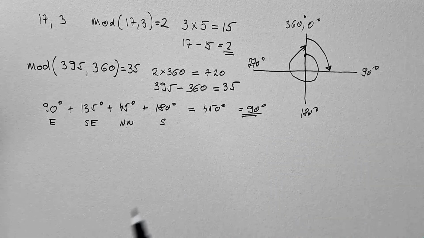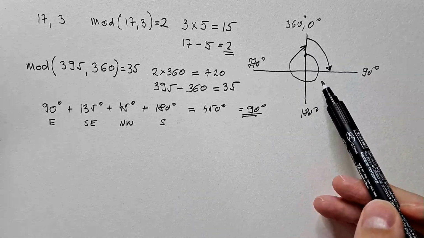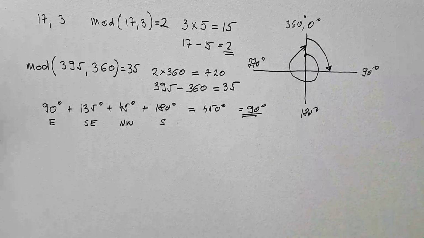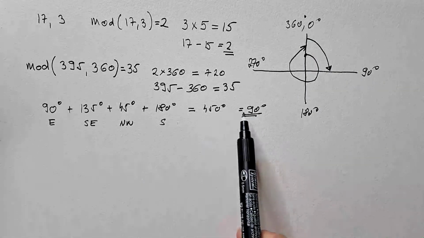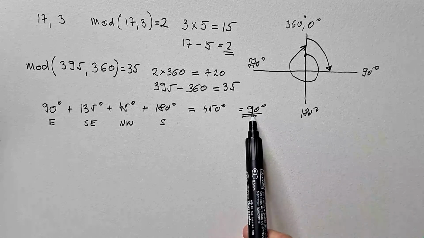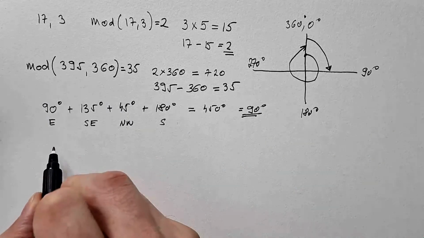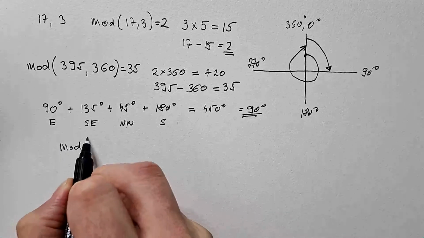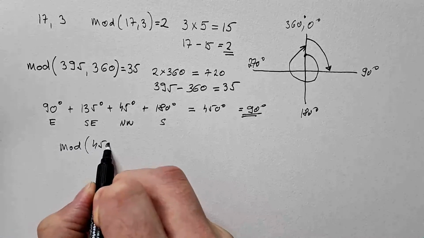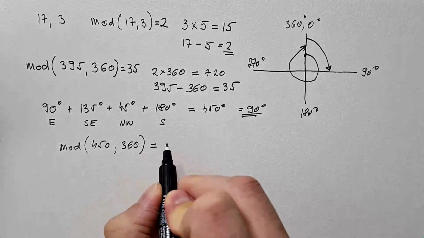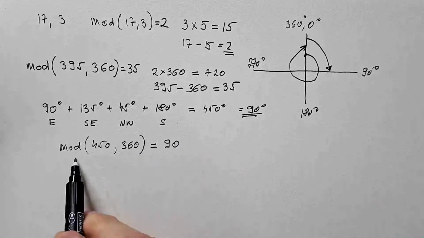However, instead of plotting and counting how many times we go around the circle, we can figure out that 450 degrees corresponds to 90 degrees if we use modulus operation. We would say mod of 450 and 360 is equal to 90. How do we know it's equal to 90?